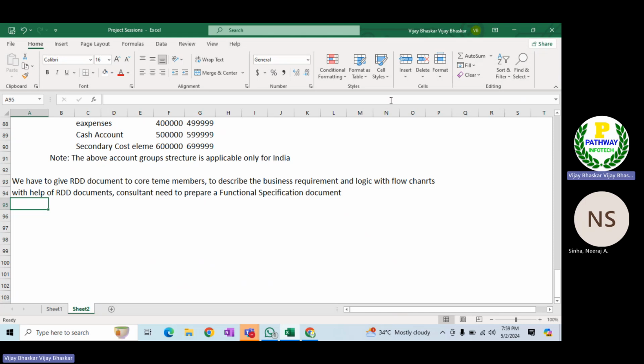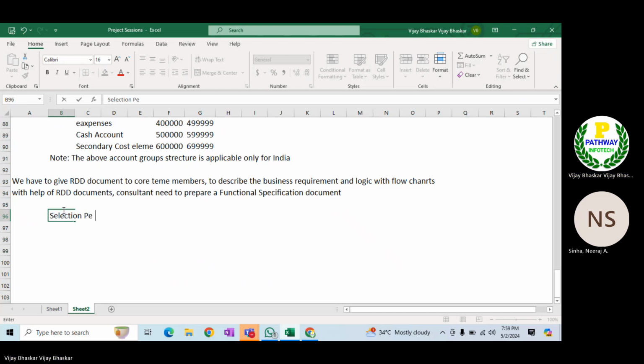So the functional specification document consists of, see, the moment we are designing a program, the first thing would be what the selection parameters are.